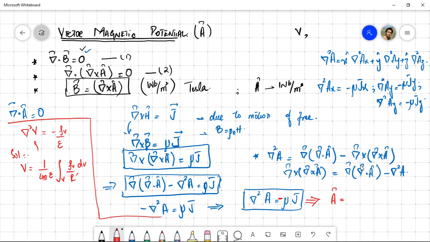Here we have J instead of ρV, and here we have epsilon in the denominator, while as compared to that we have permeability in the numerator.